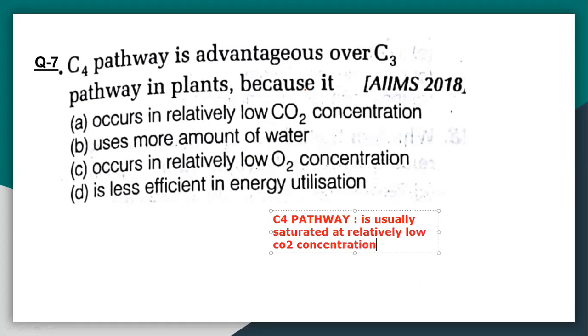C4 plants have greater photosynthetic yield in low CO2 concentration. So the answer will be option A. That occurs at relatively low CO2 concentration.